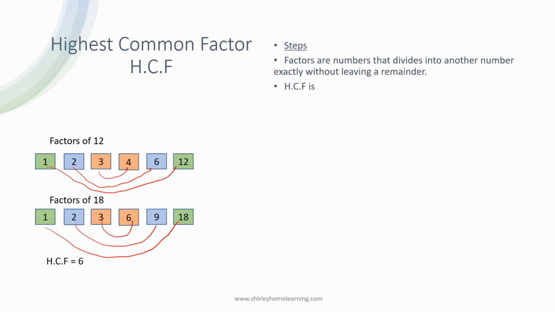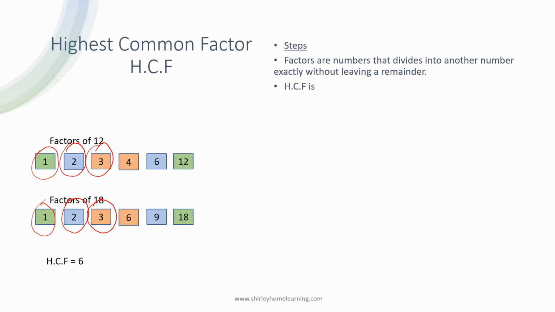Now we are going to concentrate and find which one is the highest common factor. So 1 is a common factor. If you look at it very carefully, you will see that 1 is a factor of 12 and 18. So is 2. So is 3.